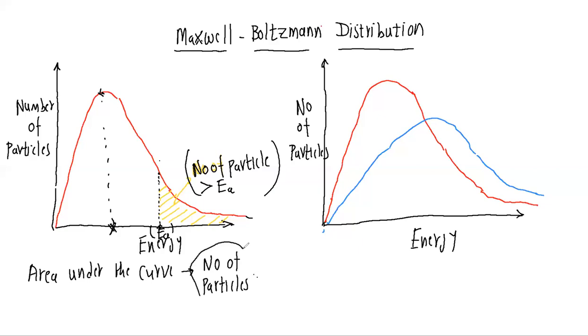In short, it is the number of particles. For example, in this case, the yellow colored area represents the number of particles having energy higher than activation energy.